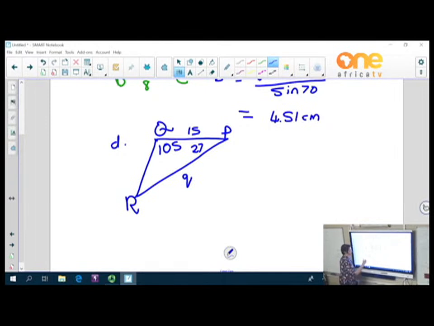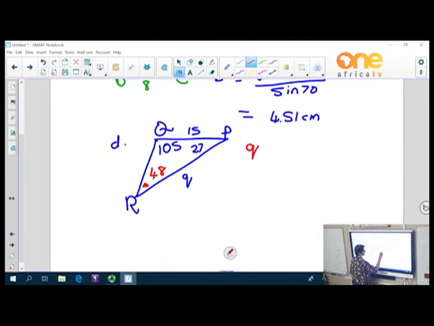Opposite sides, opposite angles. Now here we can see we need angle R because this one is opposite that side and we don't have that one. But we can easily get that. So it is 180 minus 105 minus 27, which is equal to 48 degrees. Don't just take any angle. They must be opposite the side.